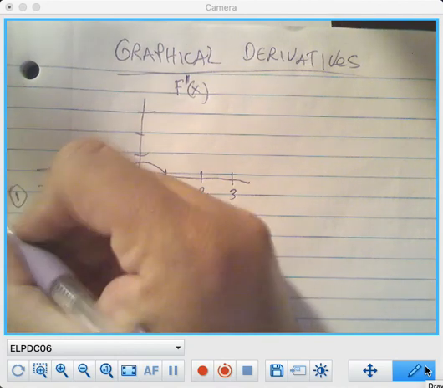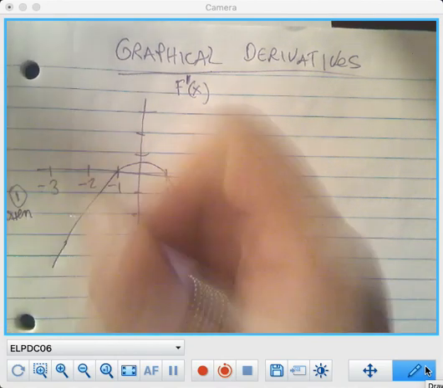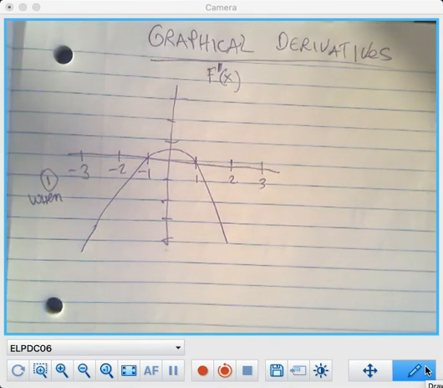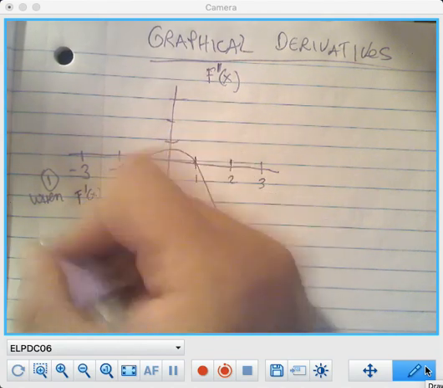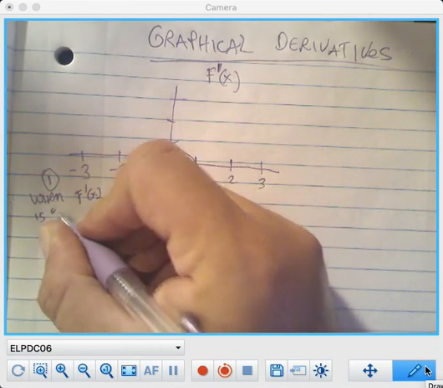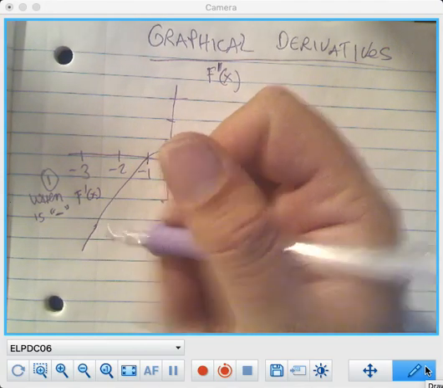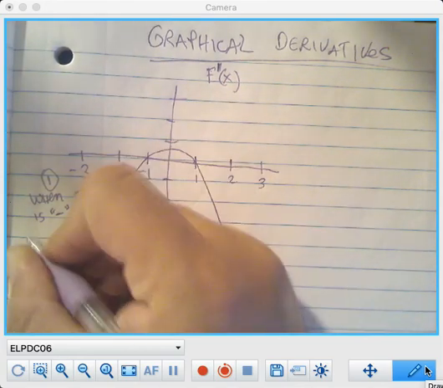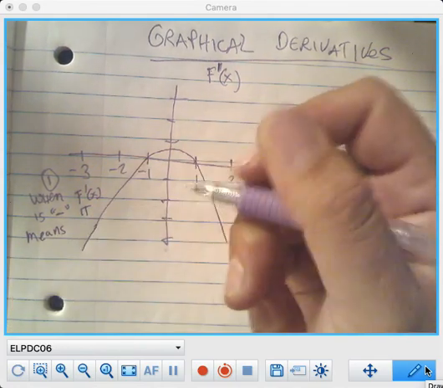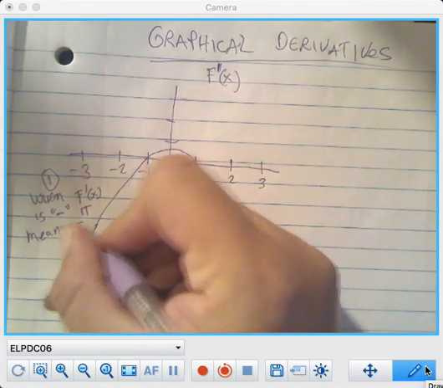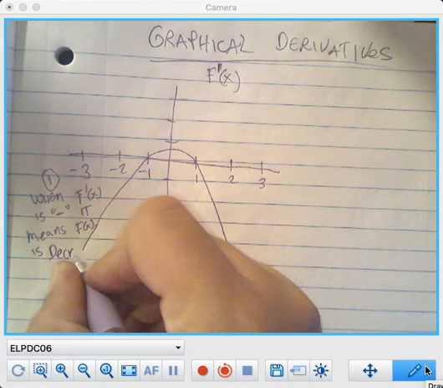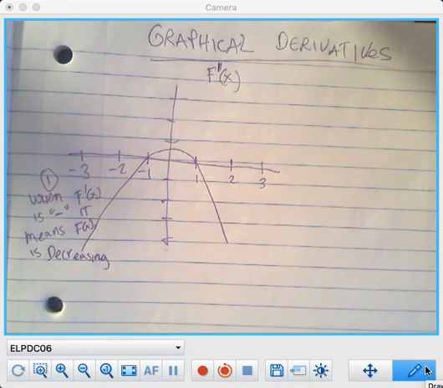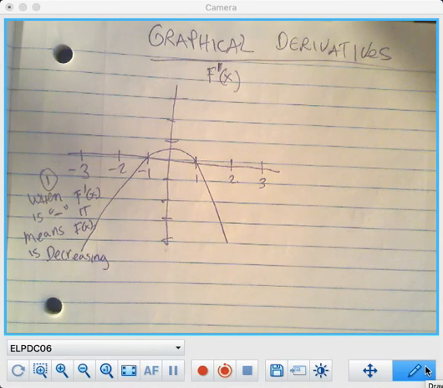I have when f prime is negative, it means f of x is decreasing. Okay, cool. So we're gonna leave it at that. I'm gonna come back and explain it.